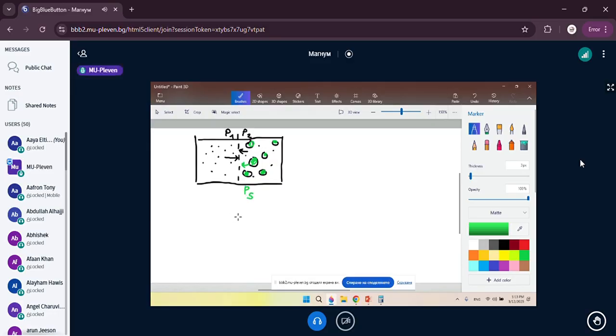I'm going to denote it by PS, being pressure produced by solute molecules, but they cannot cross. Nevertheless, they exert pressure. In fact, the solutions in the container are at rest.